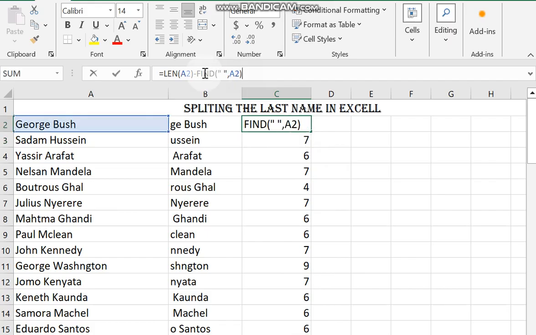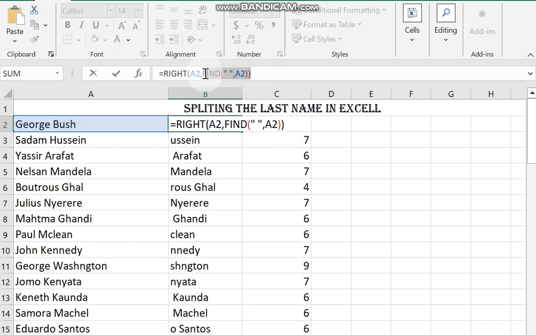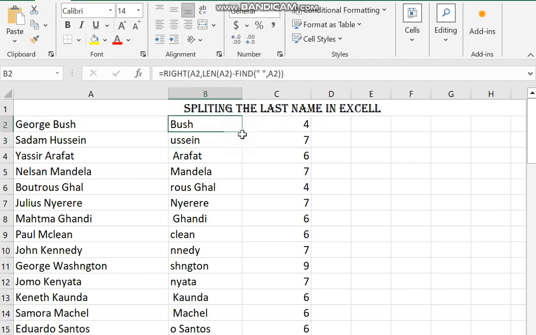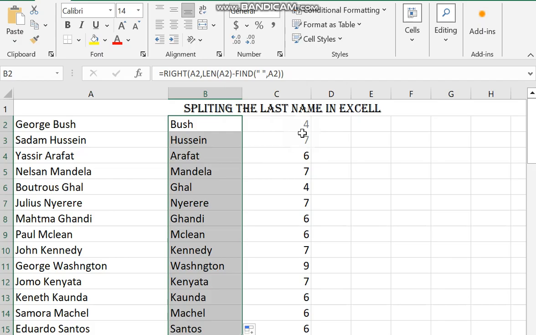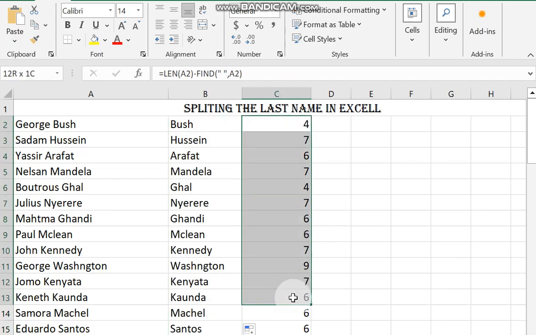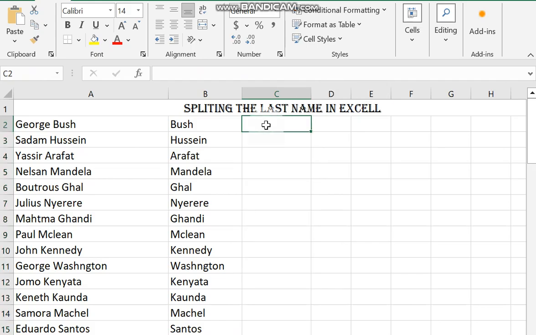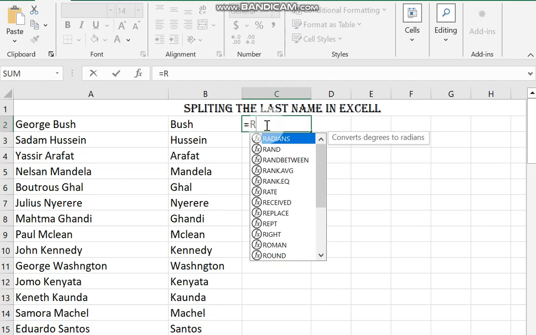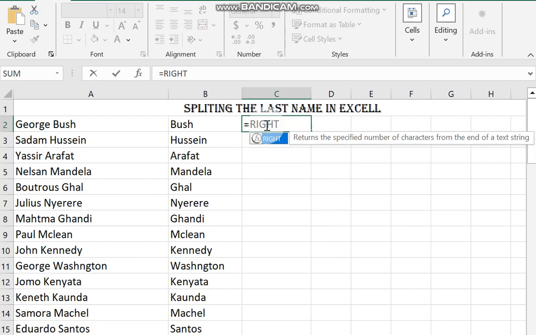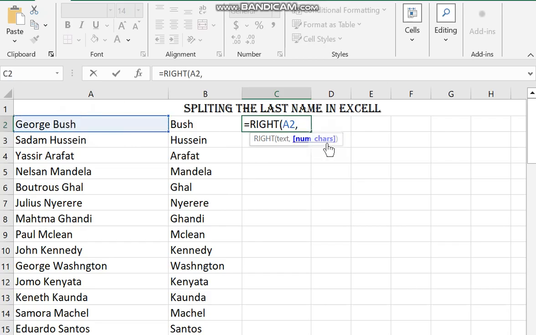So if we take it and incorporate it here, we will get the exact surname. Now, to make it simple, let me repeat. We'll say, so long as we are in need of the surname, then write RIGHT from the cell. But with the number of characters, you have to do the internal calculations as follows. First, you have to find the total length of all the characters.